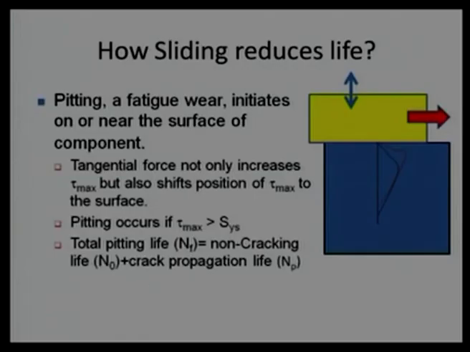The crack is moving from subsurface to surface, NP. Now, if the shear stress magnitude is increased, we know very well this N0 will come down. Further, if this maximum value is shifted towards the surface, that means the crack is generated very near to the surface, and an immediate pit will be there. That means it is also going to reduce NP. So, when sliding comes into the picture, it is reducing N0 and it is reducing NP. So, overall life is getting reduced.